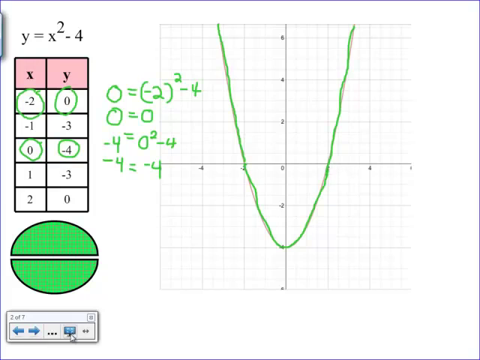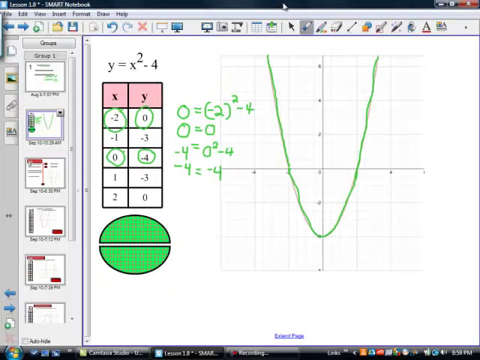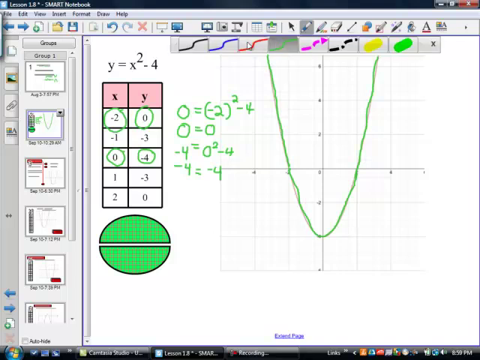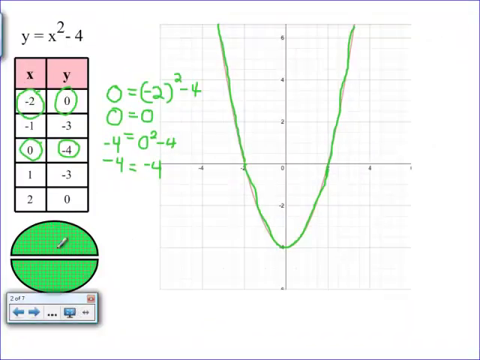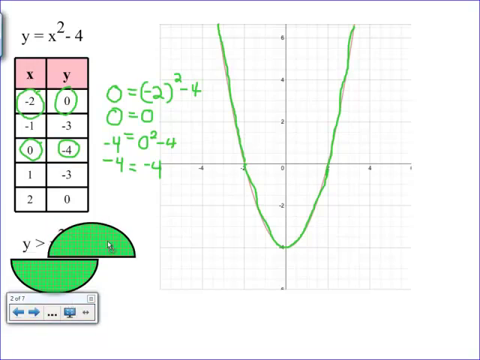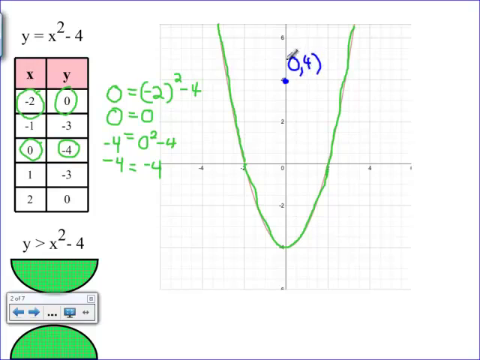So now we're going to look at the inequalities. Let's pick blue and look at a greater than. If I pick this point right here, this is the point 0, 4.